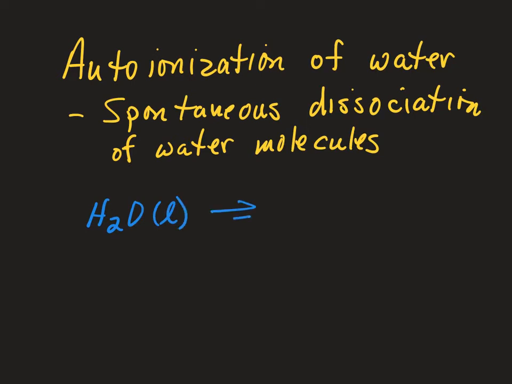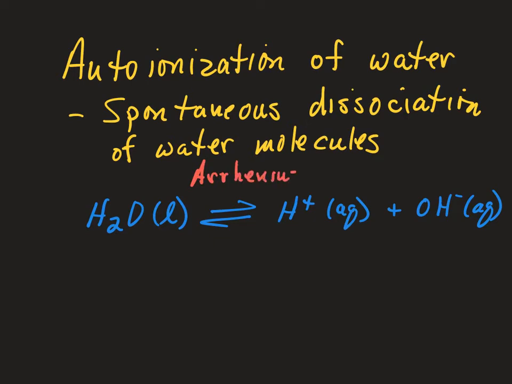They will dissociate to form hydrogen ions and hydroxide ions. And just to remind ourselves, here we're talking about this all in the Arrhenius sense, which is, I think, the most straightforward way to talk about it.